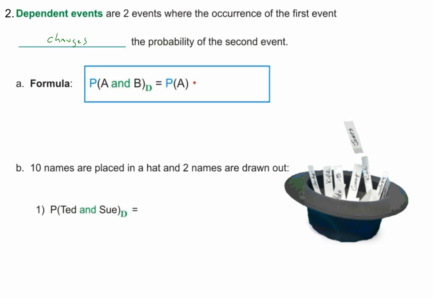So I'll try to show you a couple examples. So the formula is similar. It is the probability of A times the probability, but we write the second one a little differently.